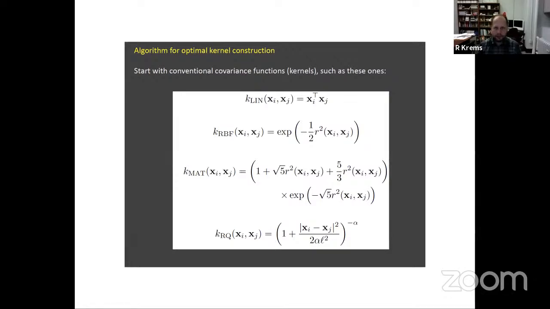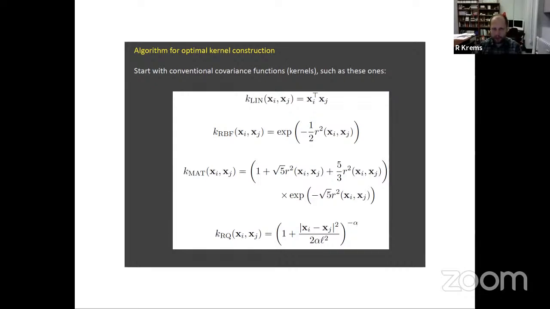Now, this is what I've been telling you all along about: how do we build the most optimal kernels? We're going to start with conventional kernels, for example the linear kernel, the RBF kernel, the Matern kernel, and the rational quadratic kernel. If you build a Gaussian process model with one of those kernels, what you're optimizing are those parameters, like this R here, or this alpha and L. This is what you're optimizing when you're maximizing the marginal likelihood.